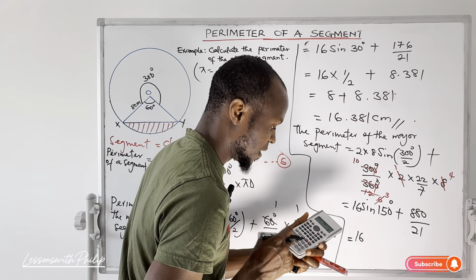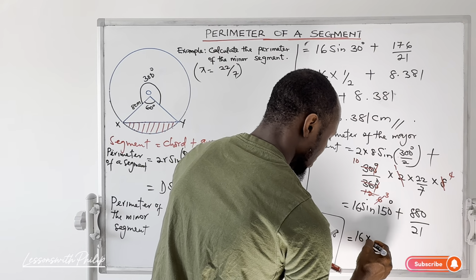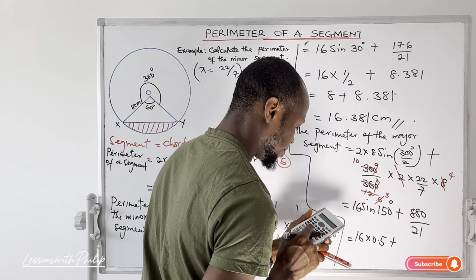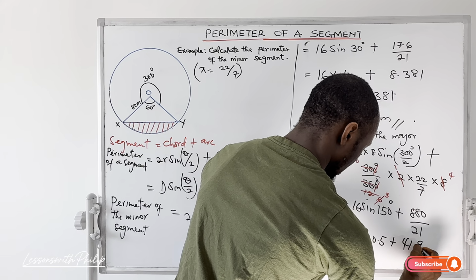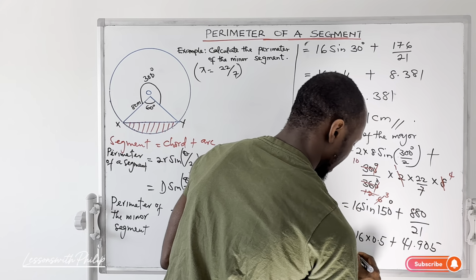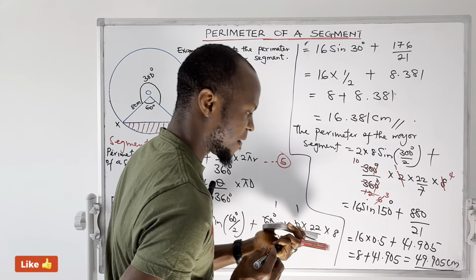My sine 150 is equivalent to 0.5, that is half, plus 880 divided by 21, which gives 41.905. So 16 times half is 8, plus 41.905, and that equals 49.905 centimeters. And that is our final answer.